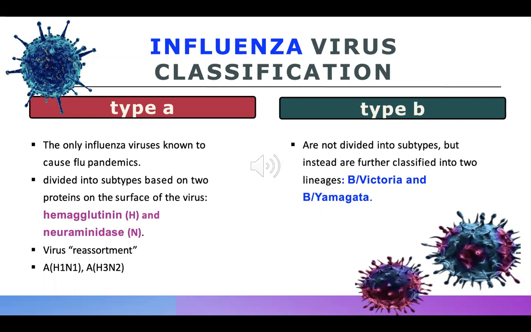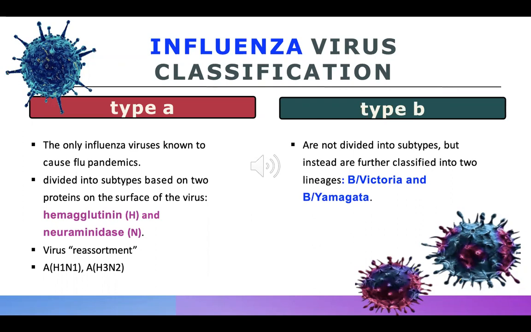Now, antigenic variations in the surface glycoproteins, particularly the HA or hemagglutinin and NA or neuraminidase, are used. In some books, they just write H for hemagglutinin, N for neuraminidase. Either way, they're correct.